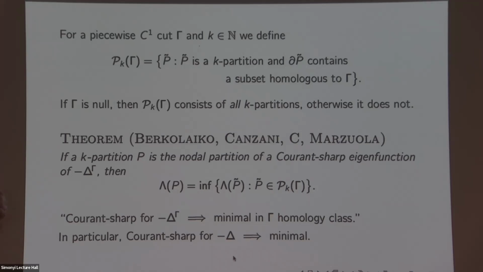So again, summarizing this in words, Courant-Sharp eigenfunctions for this cut Laplacian give us partitions that minimize in the homology class determined by this cut set gamma. And in the special case where gamma is empty or is null homologous, we get that Courant-Sharp eigenfunctions for the Laplacian are minimal partitions.